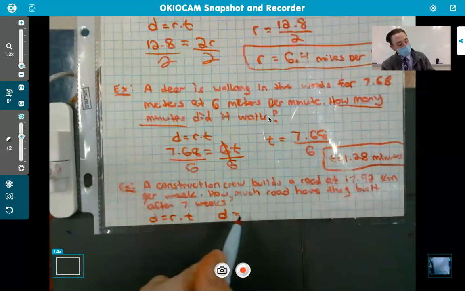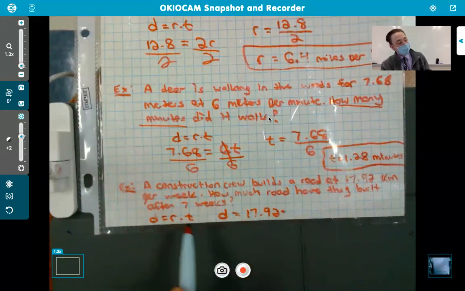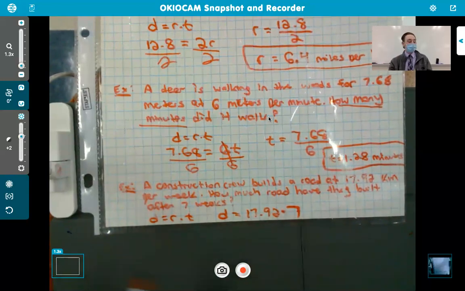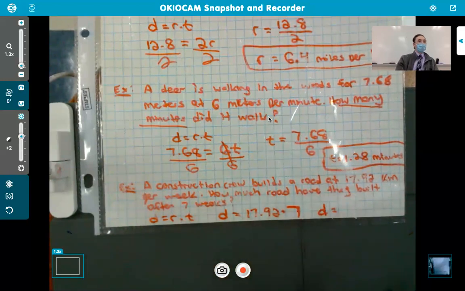The rate we said was 17.92 times the amount of weeks that they're asking us. So it's times 7, right? Because that's what they're asking, after 7 weeks, how much road is built. Somebody on their calculator or whatever you're using to calculate here, what's 17.92 times 7?